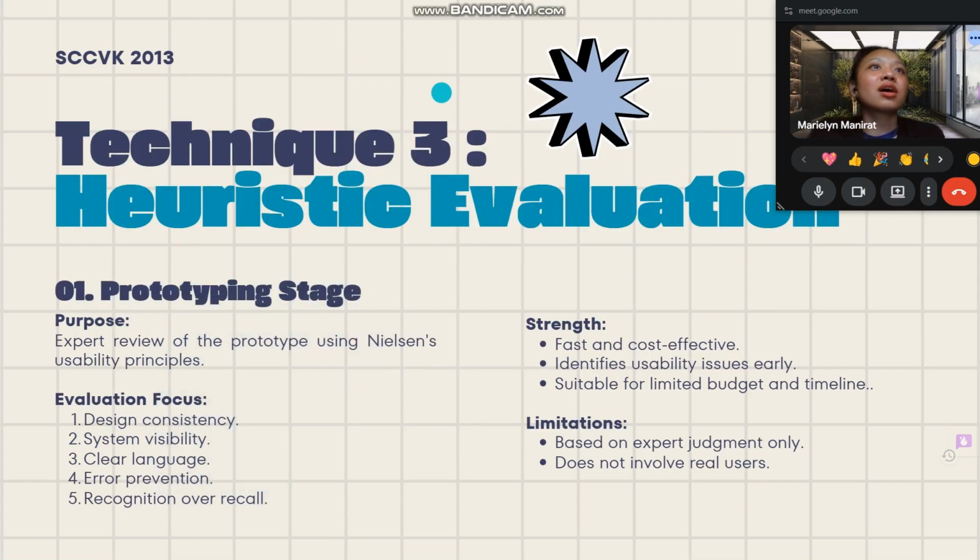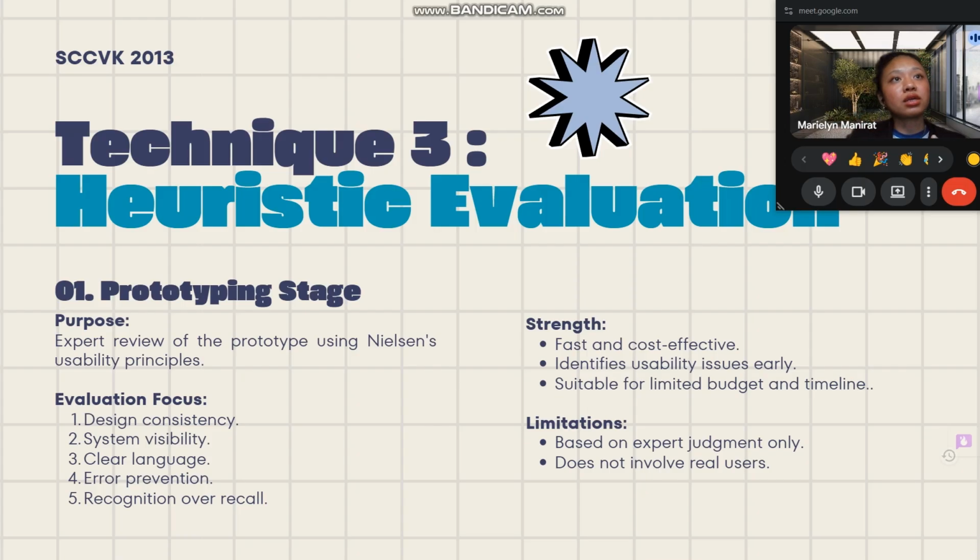So let us dive into the third technique that we studied in this case study, which is heuristic evaluation. We separate heuristic evaluation into two stages as well, which are prototyping and testing. We will go into the prototyping stage first.